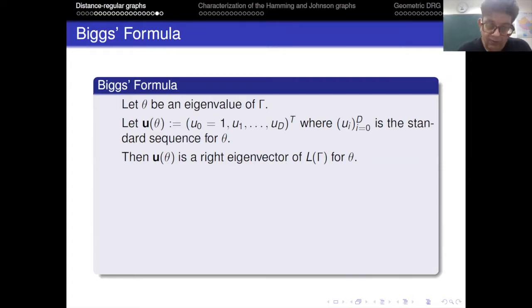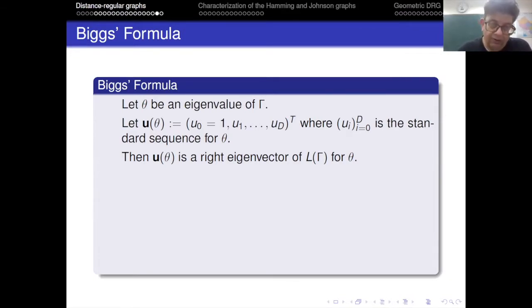Then it's not so difficult, by the definition of the standard sequence, that this is a right eigenvector of gamma for theta. So that shows that all the eigenvalues of L are eigenvalues of the distance-regular graph.